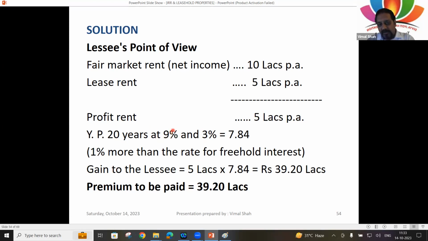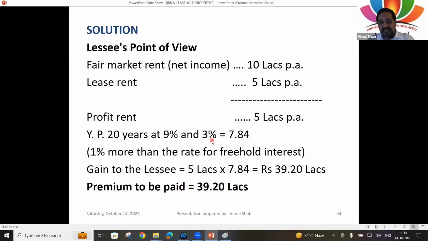So YP dual rate at 9% and 3% is coming 7.84. I am taking 1% more than the freehold interest. Freehold interest was given as 8%. For the lessee, I consider 1% extra, as I said, so I am considering 9%. So gain to the lessee is 39 lakhs. So if he is getting a benefit of 39 lakhs by paying a rent of only 5 lakh per annum, he might be ready to give a premium of 39 lakhs.